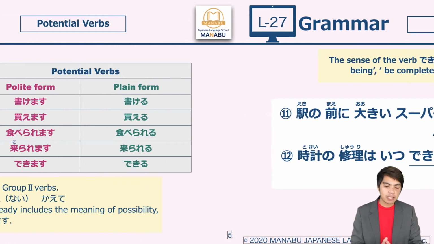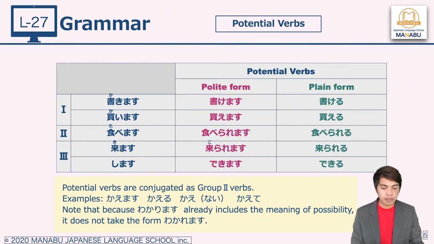Now let's go back to our grammar point number 1. For the group 3 verbs, the potential form of group 3 verbs for the verb kimasu is koraremasu or korareru. Now the noun shimasu, because group 3 verbs are noun shimasu. So for example, unten shimasu, to drive. So the potential form of shimasu is dekimasu.